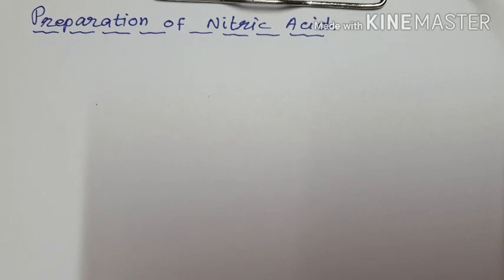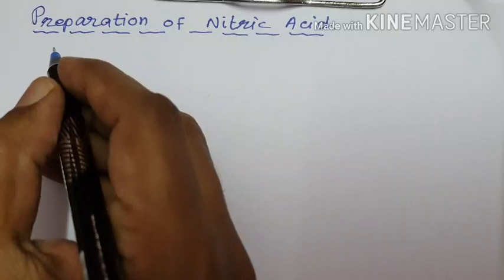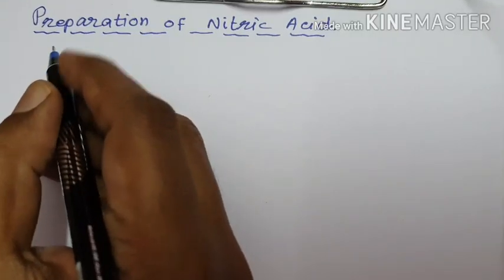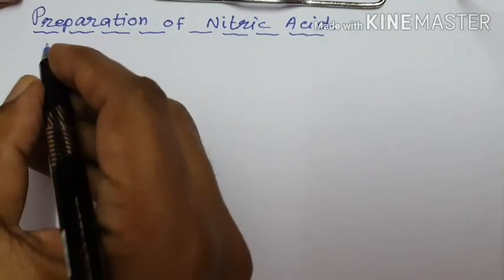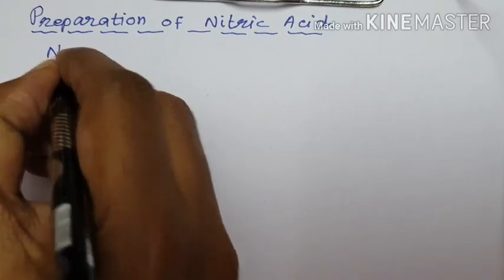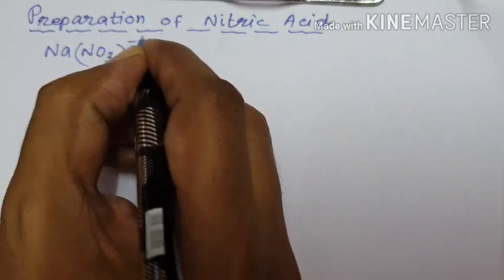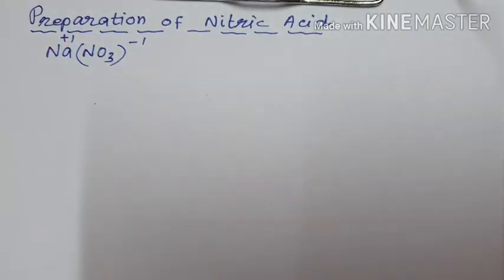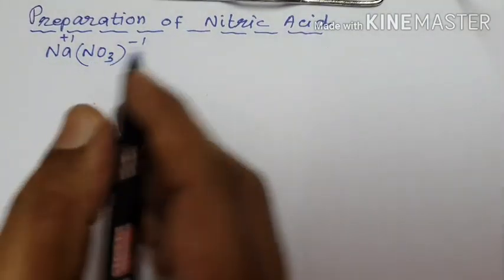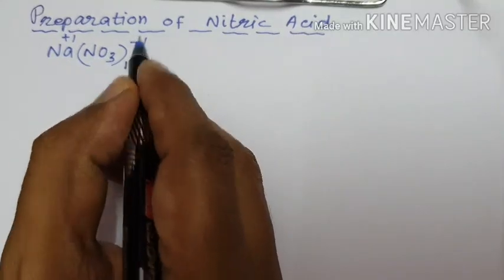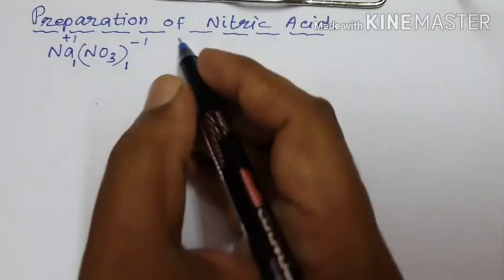Now we are going to see the preparation of nitric acid. First preparation: sodium nitrate or potassium nitrate. We know sodium nitrate: nitrate valency 1, sodium valency also 1. So in class, if you write sodium, its valency is written here, nitrate valency is written here.